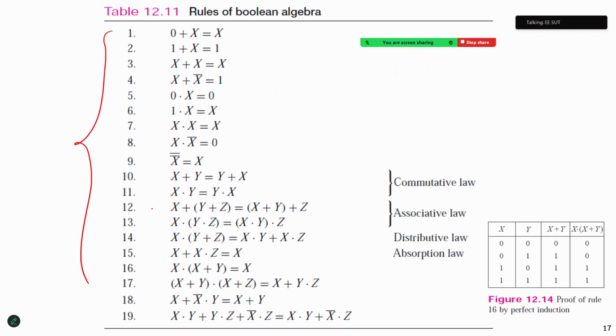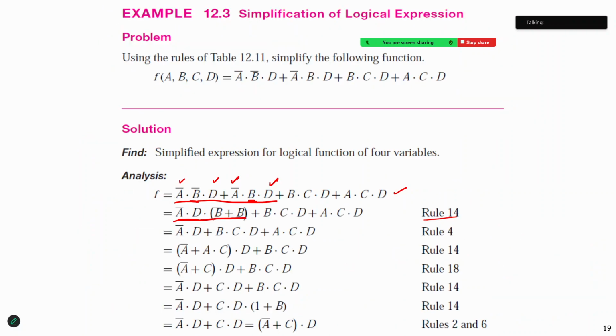Rule 14 states that if x is outside the bracket, we can multiply it with y and c, just like the mathematical rule. So we move A bar and B here, and the last two terms remain the same.